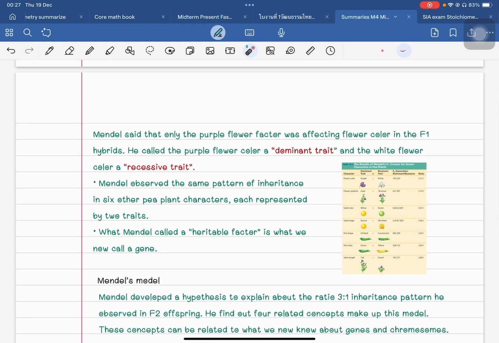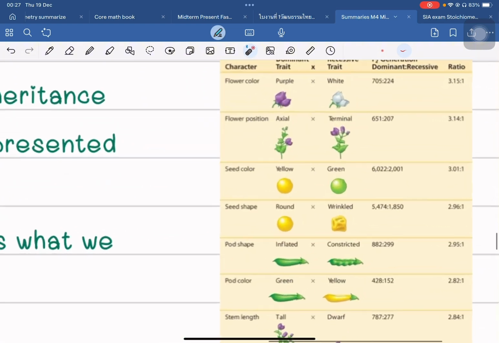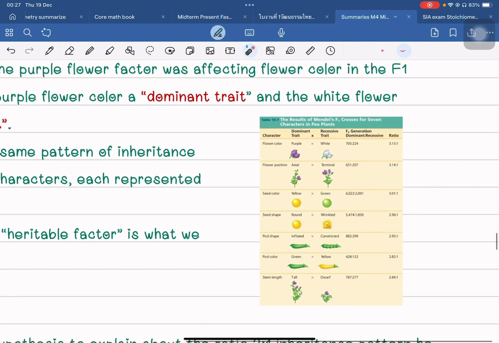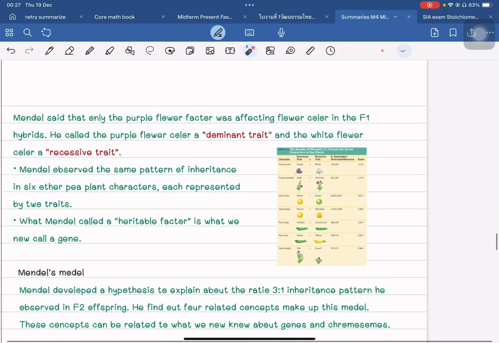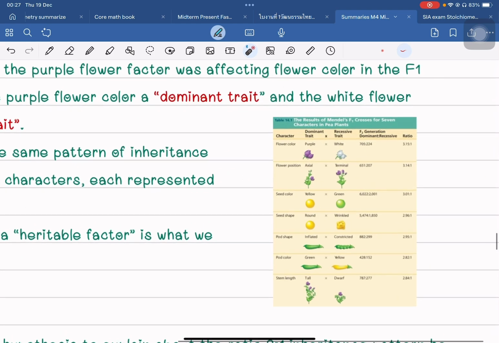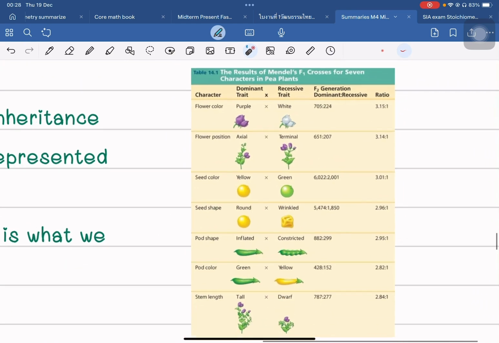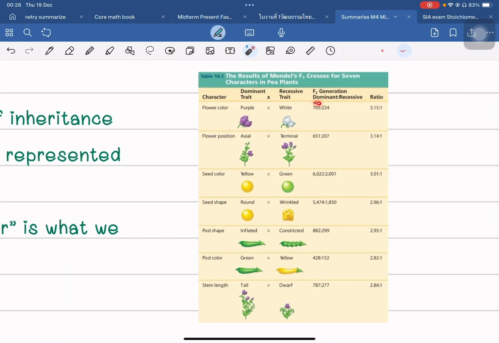What Mendel called a heritable factor is what we now call genes. Here are the other patterns of inheritance that he also tried in those experiments: seed color, seed shape, pod shape, pod color, flower position, and stem length.